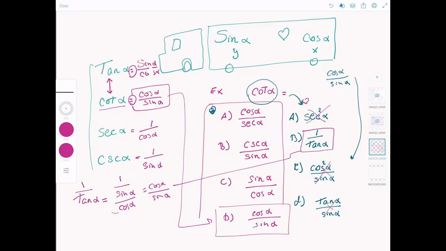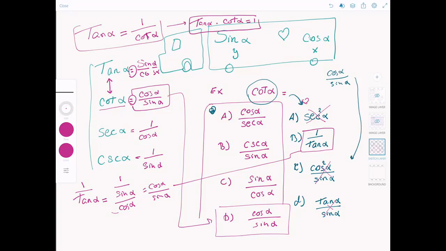Because tangent is sine over cosine, cotangent is cosine over sine. So therefore, they are just reciprocals. You can just write tangent of alpha equals 1 over cotangent of alpha. Good. Also, from here, anywhere we see tangent of alpha multiplied by cotangent of alpha, the answer should be 1. Good. Just cross multiply.